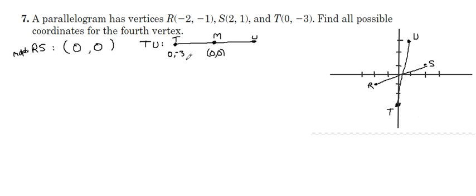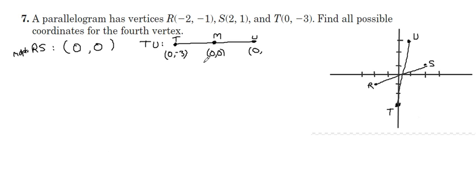Now here's our easy way to find endpoints if you're given the midpoint. A midpoint is exactly halfway between the two endpoints. So look at what happened here. If my midpoint is at 0, 0, and one of the endpoints is at 0, -3, look at the x coordinates, 0 and 0. They don't really go anywhere. So I know my U is going to have that same x value of 0.